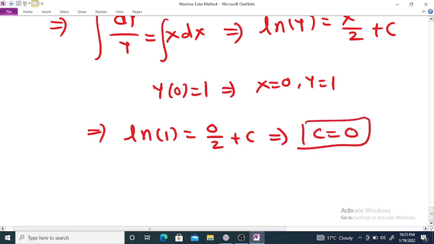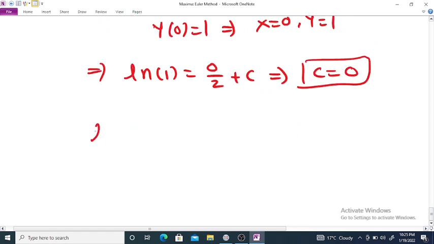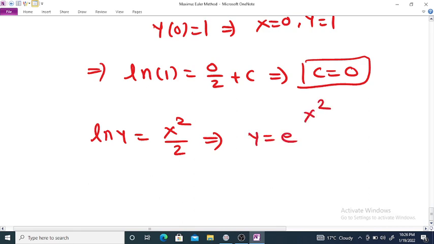So ln y is equal to x square by 2. From this we get y is equal to e raised to x square by 2.